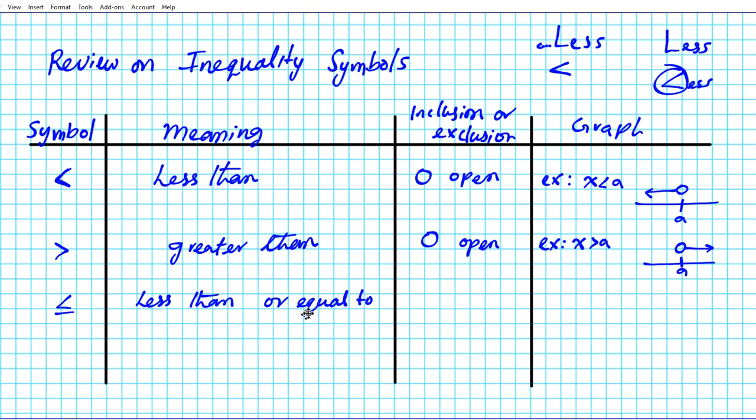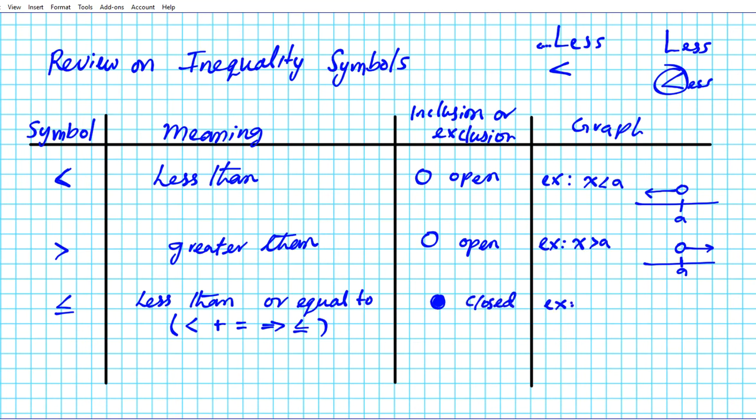Think about this inequality as a combination of two symbols: the less than inequality and the equals sign. Together, the less than symbol plus the equal to symbol give you the less than or equal to symbol. So it's a combination. Alright, so what does the inclusion look like? You have an open circle, but because of the equal to, that circle is filled in. So this is going to be a closed circle.